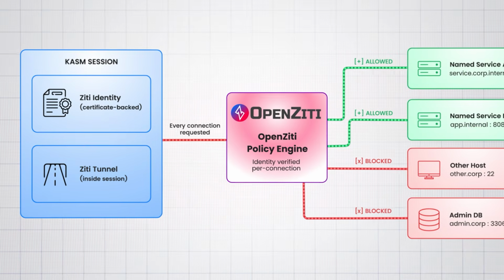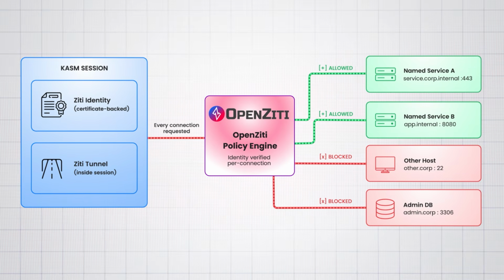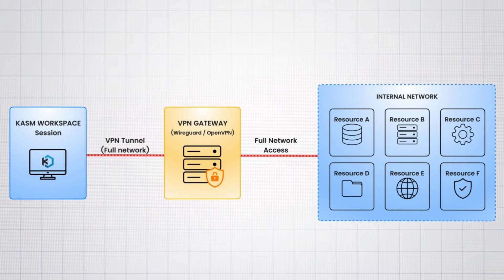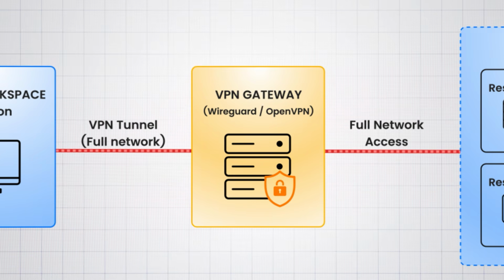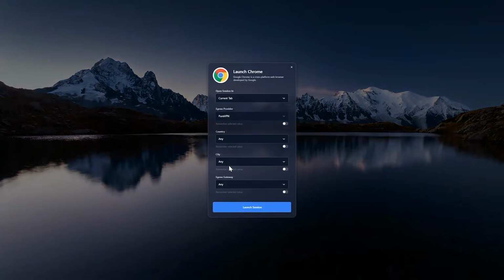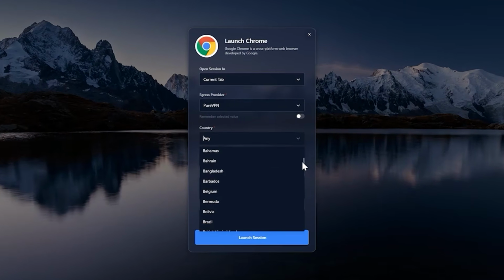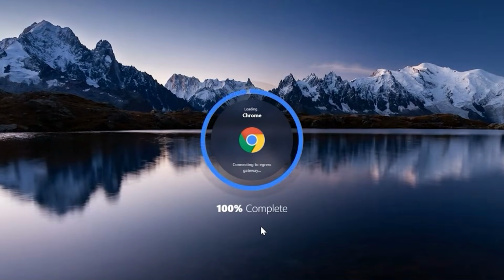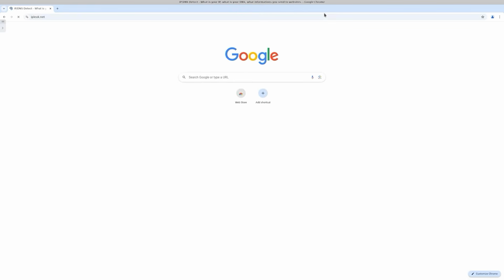OpenZiti is an open-source zero-trust networking framework that implements this model at the service layer. This is fundamentally different from the gateway-based egress providers Kasm already supports, which are OpenVPN and WireGuard. With a gateway-based provider, a user selects a VPN gateway at session launch, and all of their session's traffic is routed through that tunnel to the network behind it.